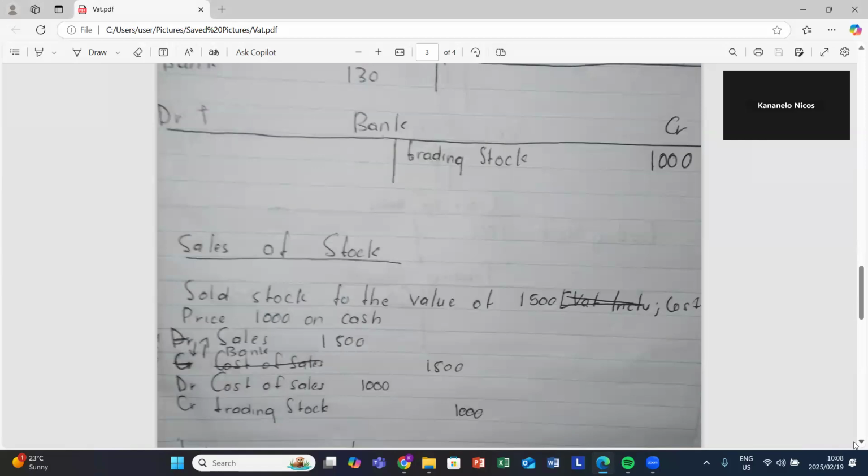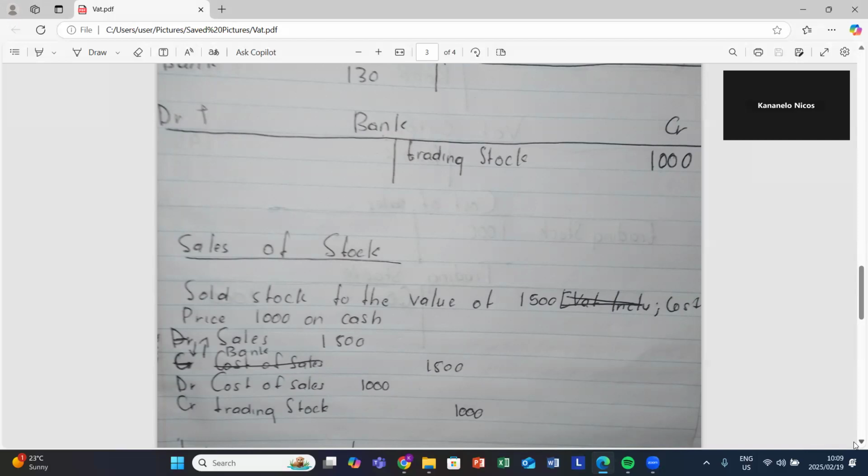But then what if we are selling our stock? If ever you sold your stock, remember that when dealing with the accounting question, we said that in a transaction, two accounts are always affected, except when we sold our stock. When we sold our stock, we said that four accounts will be affected.